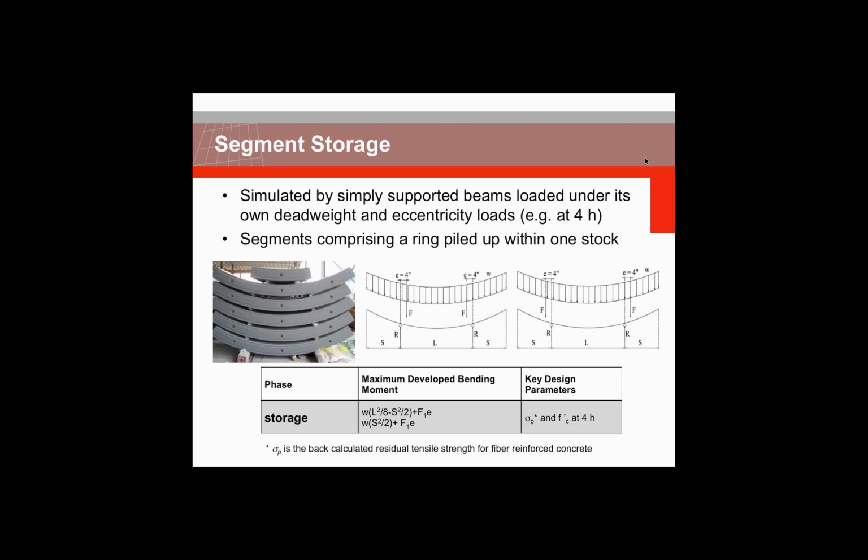As you can see, this load case is simulated by simply supported beams. This eccentricity can be placed outside or inside these wood blocking. Maximum developed bending moment depends on location of wood blocking and eccentricity. Again, key design parameters would be early age, like 4 hours, compressive strength, and residual tensile strength parameter, especially for the fiber reinforced segment.